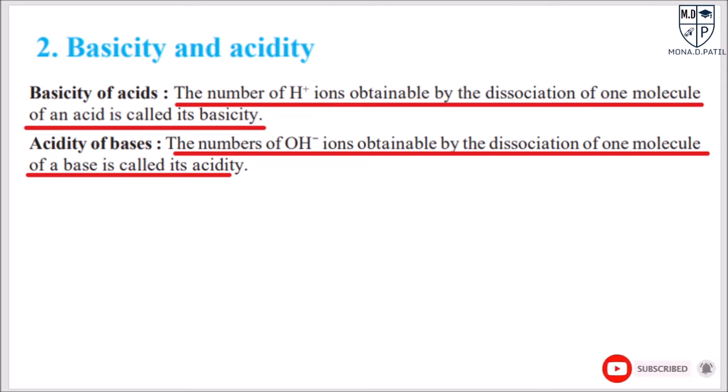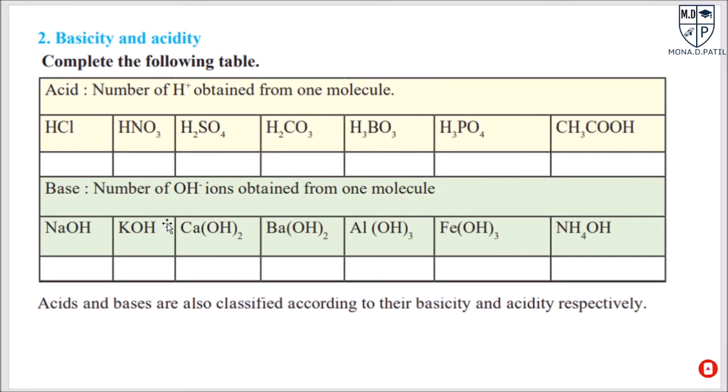Here in the chart, next for bases, the number of OH minus ions obtained from one molecule. Sodium hydroxide and potassium hydroxide will give one OH minus. Calcium hydroxide and beryllium hydroxide will give two OH minus.